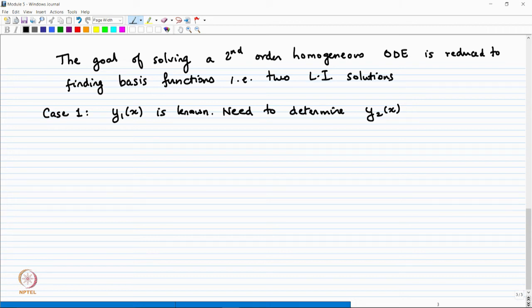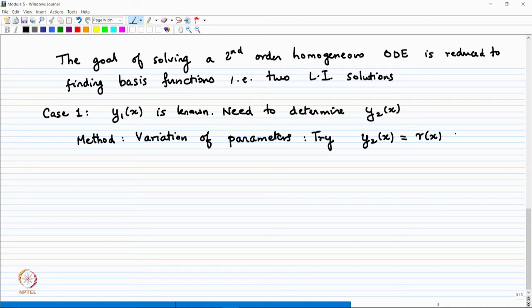There is a method called variation of parameters. According to this method, try y2 of x equal to r of x times y1 of x. Remember, r of x cannot be a constant, because if it is a constant, then y2 of x is proportional to y1 of x, and the solutions are not linearly independent.